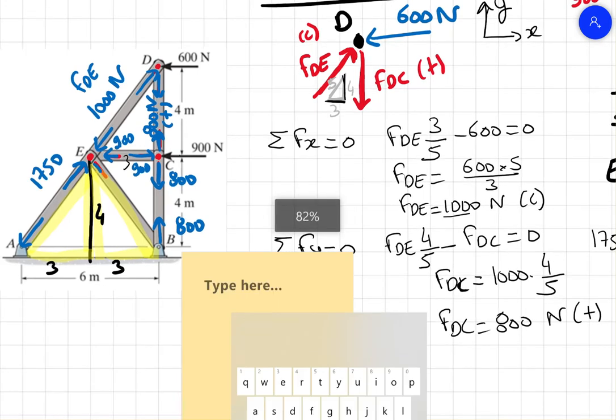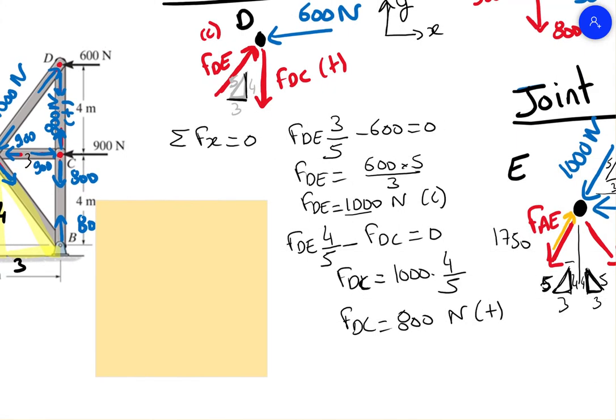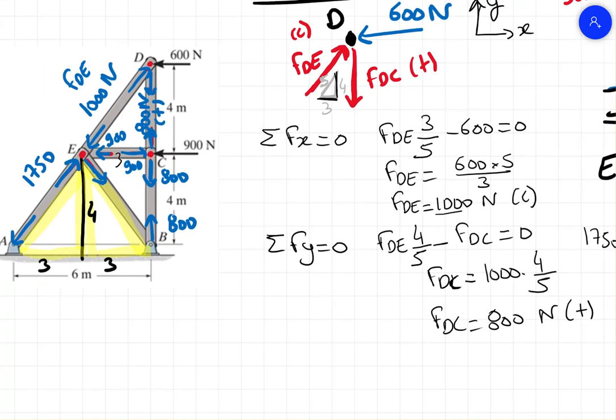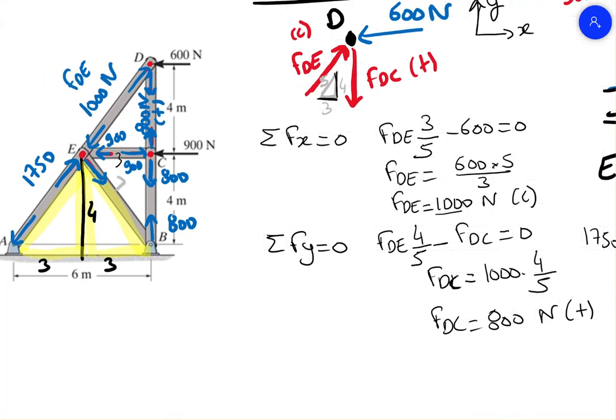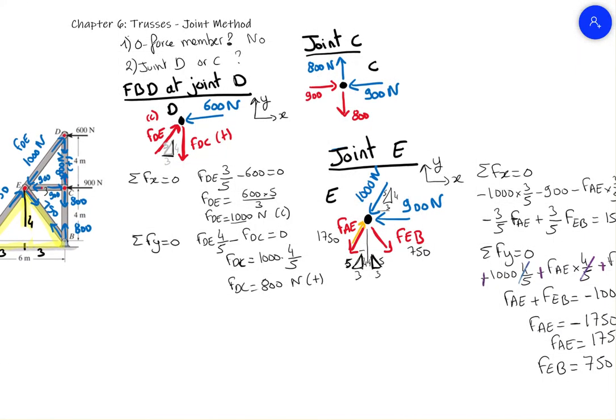And this one is tension in this direction, and we found 750, going in this direction. Okay, we are almost there. So now, oh no, we have all of them. We're good.